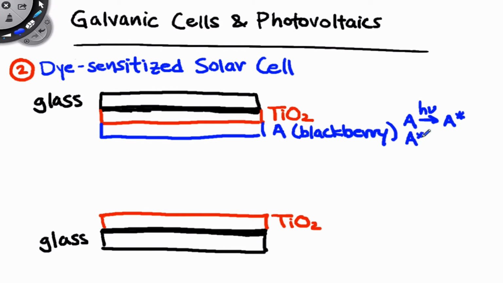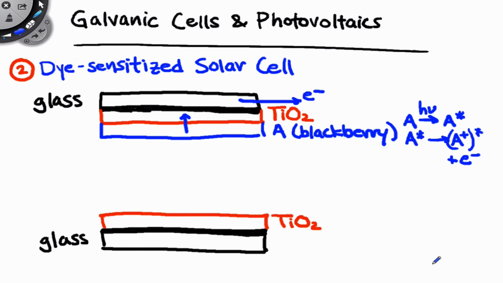That excited molecule can then surrender an electron in what may seem like a wonky looking process, but which is really just an oxidation. This electron gets injected into the TiO2 layer, and then from there heads out of the conductive glass slide and into the circuit. So this is our anode, right? Oxidation is occurring here, and that oxidation is promoted by the solar energy. So it all hinges on the cell being exposed to light.